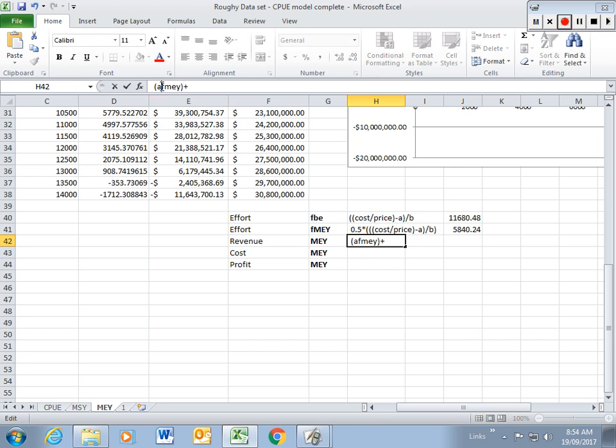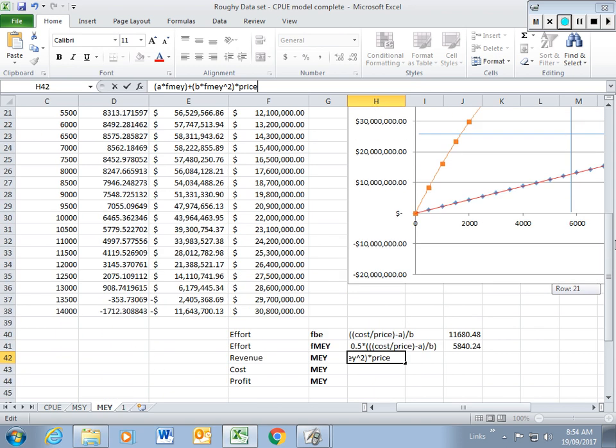That's going to be A times FMEY, plus B times FMEY to the power of 2. Alright, and then multiplied by the price. So it's practically the same formula that we used right back for the calculation of the MSY to get the yield curve to come out in the last session.